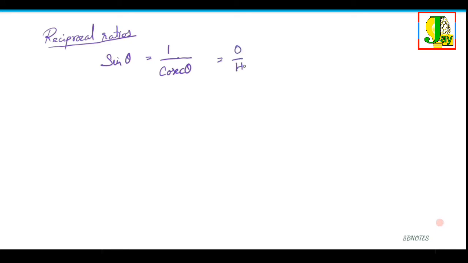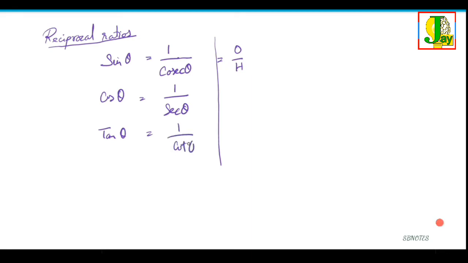Sin theta is opposite by hypotenuse, so cosec theta is hypotenuse by opposite. Cos theta is the reciprocal of sec theta, and tan theta is the reciprocal of cot theta. Okay, so these are the reciprocal ratios or identities we have.